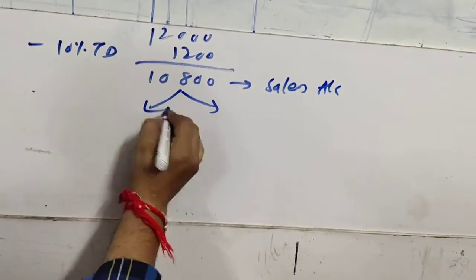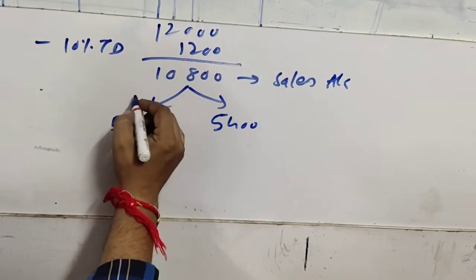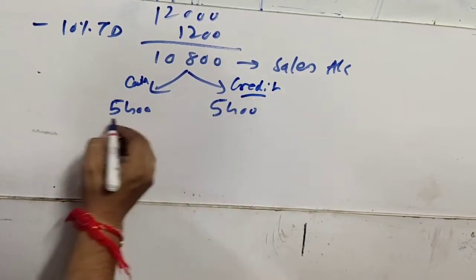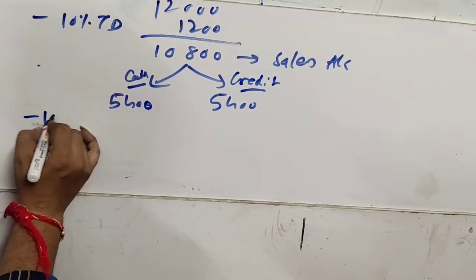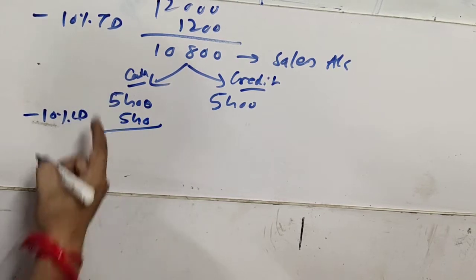Now out of this 10,800, 5,400 is a cash transaction and 5,400 is a credit transaction. On this 5,400 which is cash transaction, she has paid by check. We will apply CD. 10% CD will be 540 of 5,400.